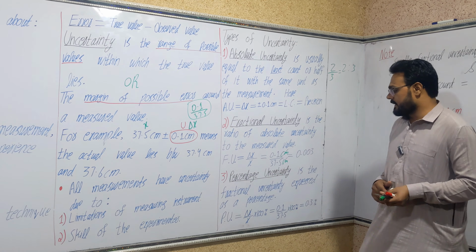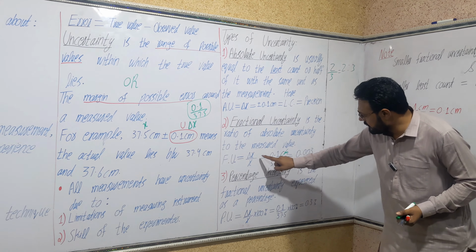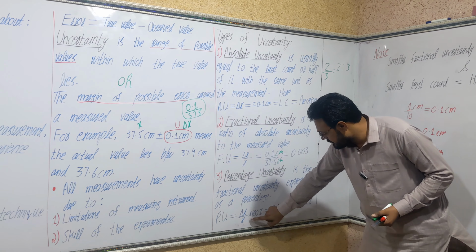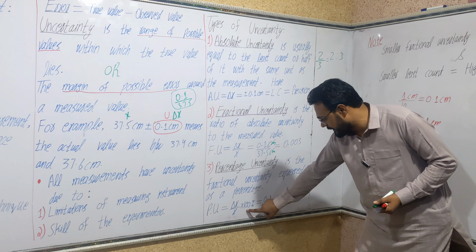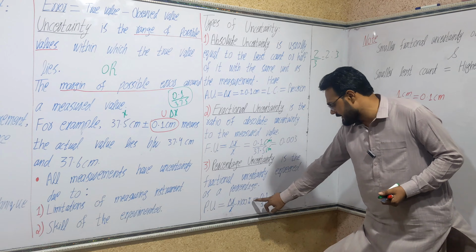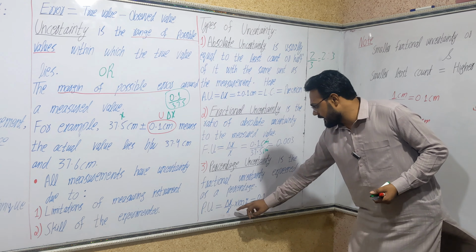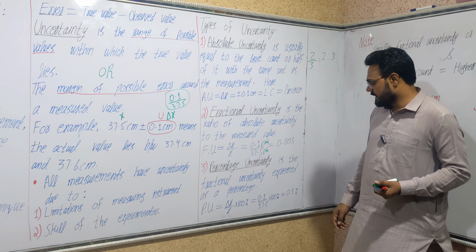Now percentage uncertainty. It is the same del x over x, only multiplied by 100 with a percentage sign. This is known as percentage uncertainty.